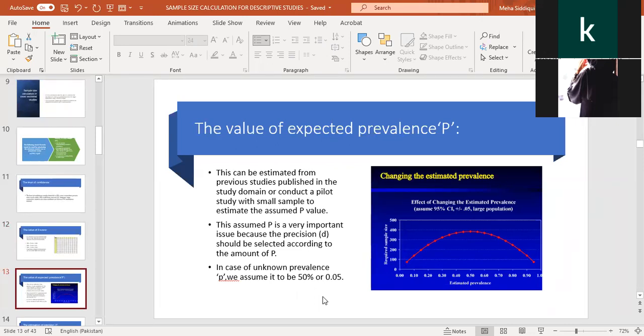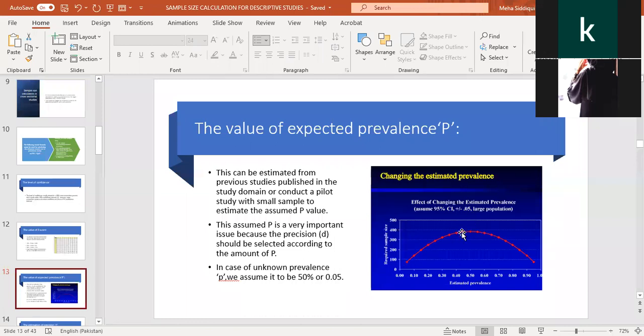This assumed P is a very important issue because the precision should be selected according to the amount of P. If we hold the confidence interval constant, that is at 95%, and the precision at plus minus 5%, then we can see that when we increase the estimated prevalence, sample size is increased.